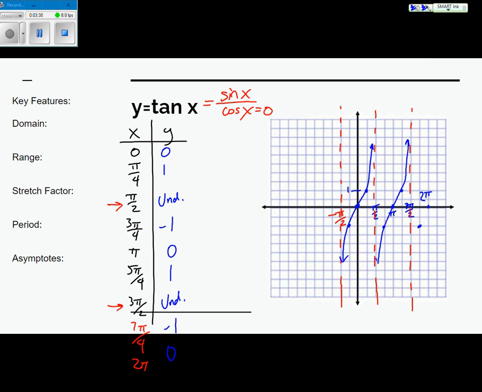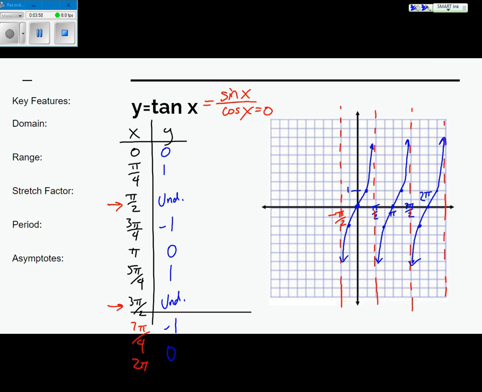We've evolved. Let's extend it this way as well. We've gone from snake on a plane to snakes on a plane. So that's what tangent looks like.